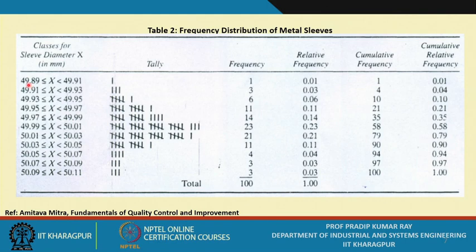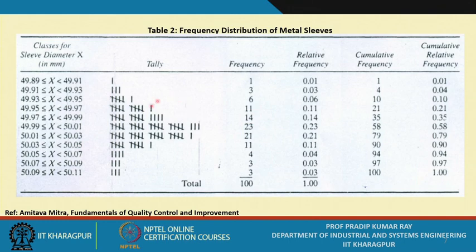Say the first one is 49.89 ≤ x ≤ 49.91, and the next one is 49.91 ≤ x ≤ 49.93. This way you proceed. Ultimately you get the last class interval, 50.09 ≤ x ≤ 50.11.